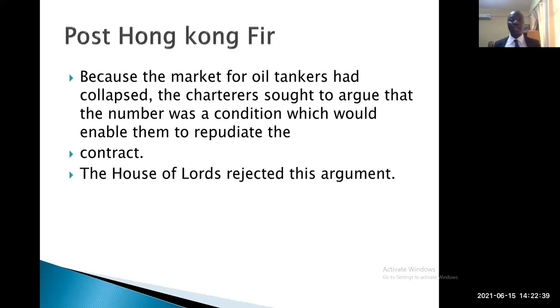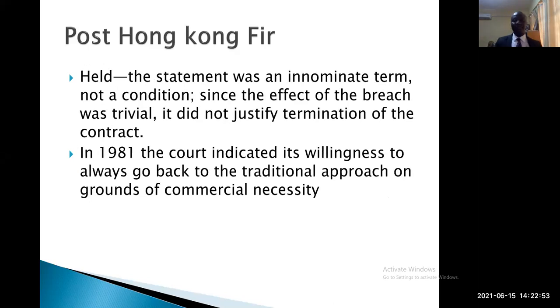But if you look at what was actually contained in the ship, it was the same thing which had been contracted. And the House of Lords rejected the argument and held that the statement was an innominate term, not a condition. And since the effect of the breach was trivial, it did not justify termination of the contract.